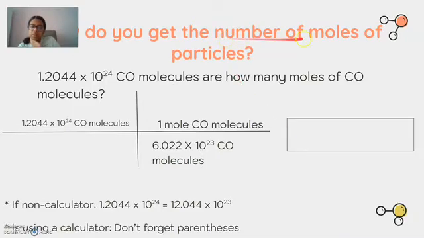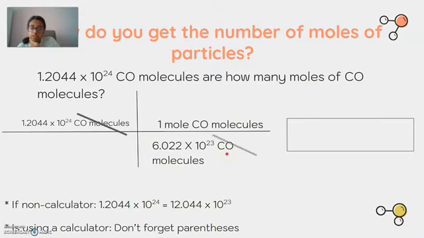So how do you get the number of moles of particles? Say you're given 1.2044 times 10 to the 24th CO molecules, and you want to know how many moles of CO molecules that is. So you're going to put the given here, and then you're going to use your conversion factor. 1 mole is equal to 6.022 times 10 to the 23rd molecules.